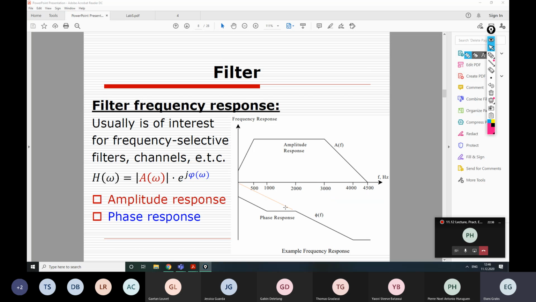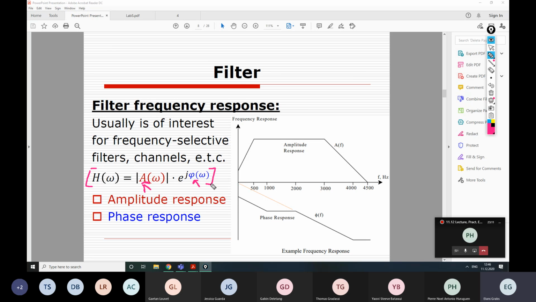Now, frequency response, we already have covered this topic previously when we talked about channels, for example, right? That we need certain conditions for this frequency response of a channel in order for that channel to not distort our data. And we know that this frequency response is most often given in complex form, consisting of absolute value, modulus, and argument.